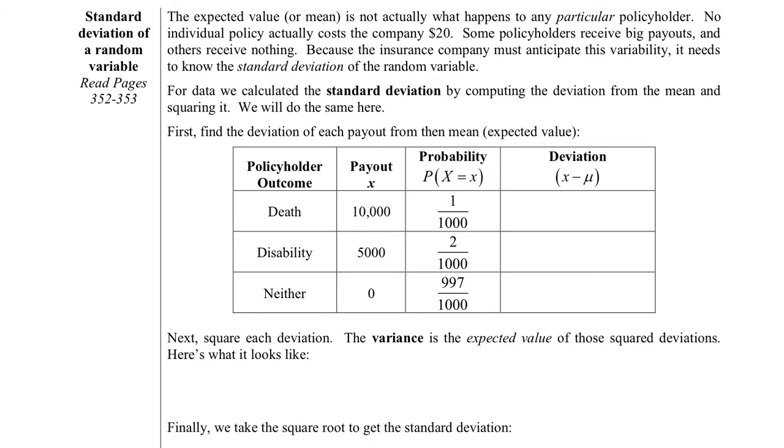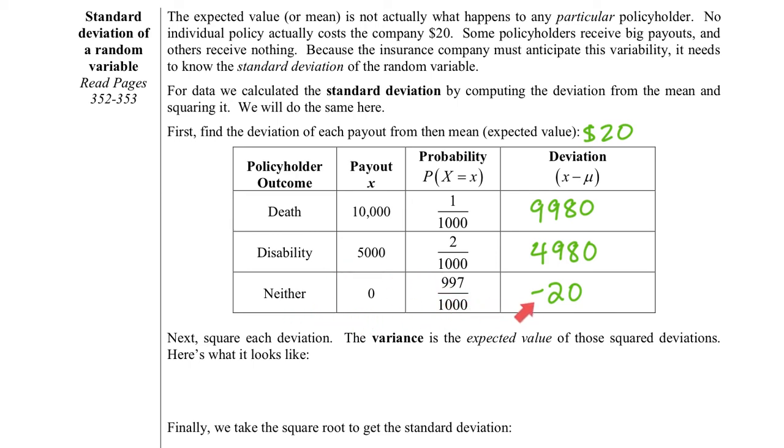So on this next one, we're going to finally calculate the standard deviation of these expected values. So first, we're going to find the deviation of each payout from the mean or the expected value. From the previous part of the problem, we found our expected value was $20. We subtract that from each of our payout values.